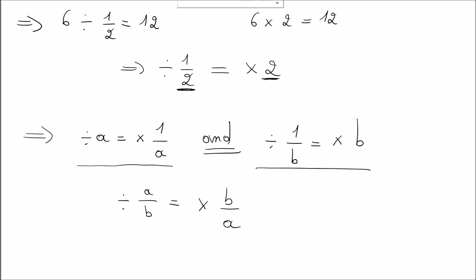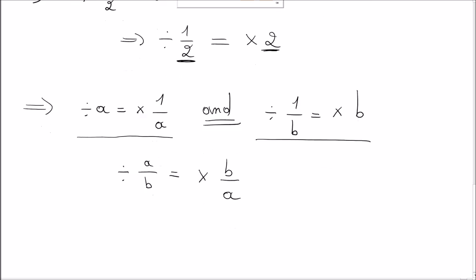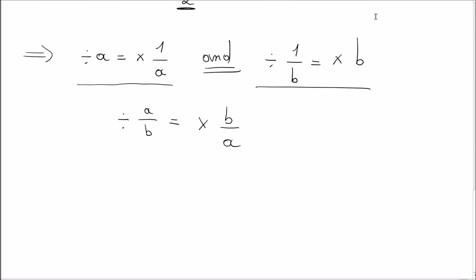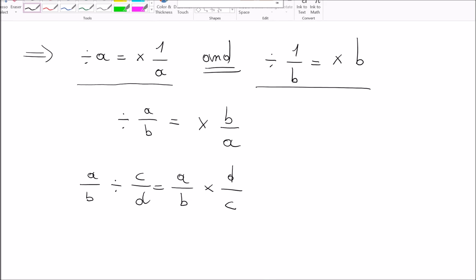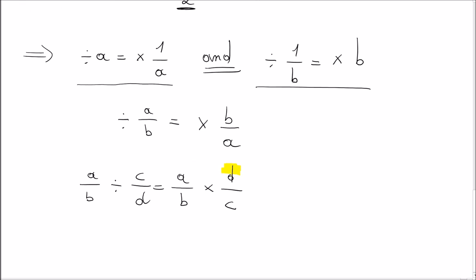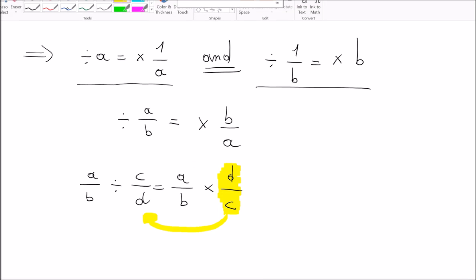Let's have a look at an example. Again, I'm just going to use letters, not numbers. A over b divided by c over d is going to be the same thing as a over b times d over c. And we're going to call d over c the inverse of c over d.